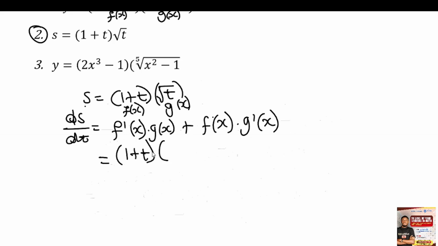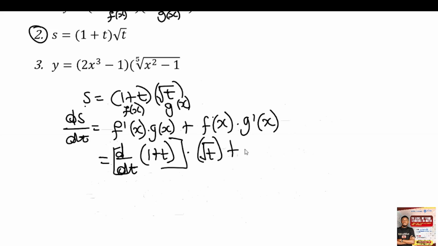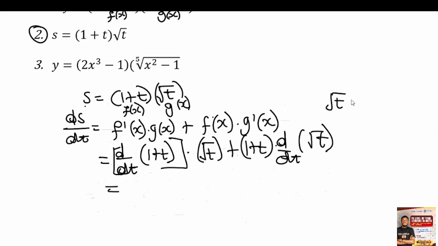Sorry, yes, so we differentiate the first one, so we have d on dt of 1 plus t, then we keep the second one constant, times the g of x is root t, then plus we keep the first one constant, 1 plus t times d dt of root t. So we know that the root of t is the same as t exponent half.